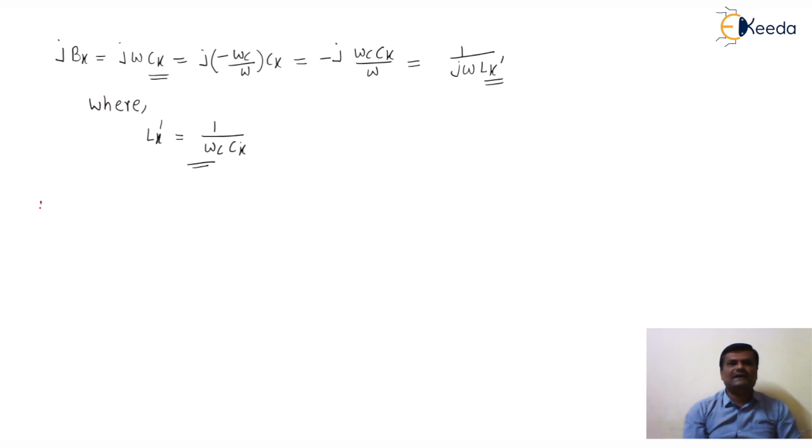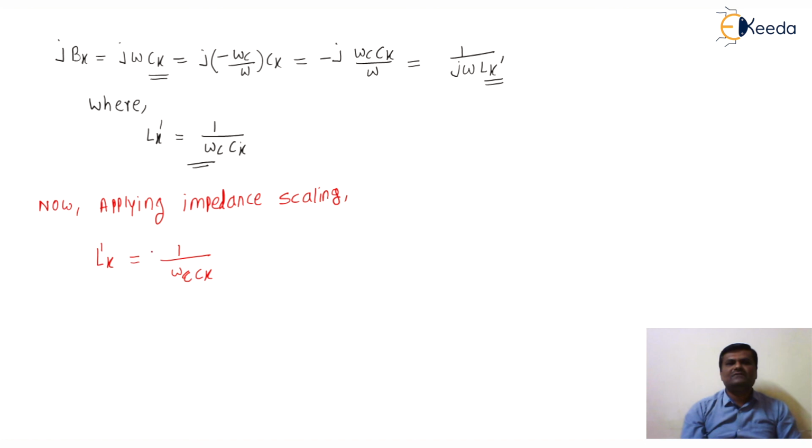Now, applying impedance scaling. Right here, Lk dash equals 1 upon omega c multiplied by Ck.